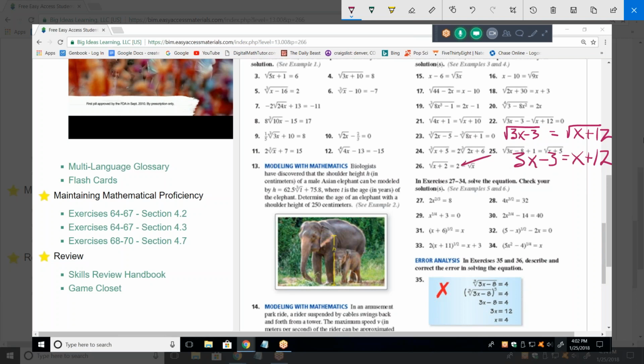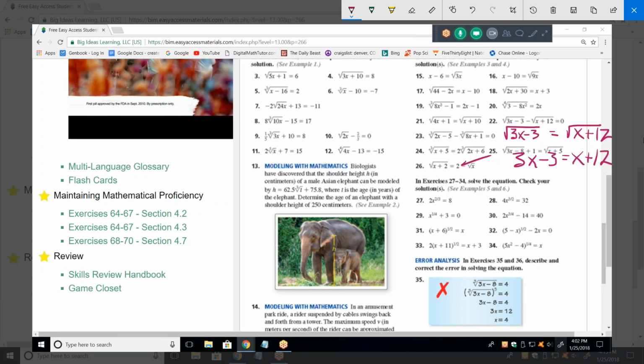The goal is to get all your terms with x in them on one side, everything with numbers in it on the other. So you have to make a decision right now as to which side you want your variable on, which means the number is going to go on the other side. Since you have to make both of those decisions, let's just do both steps at once.